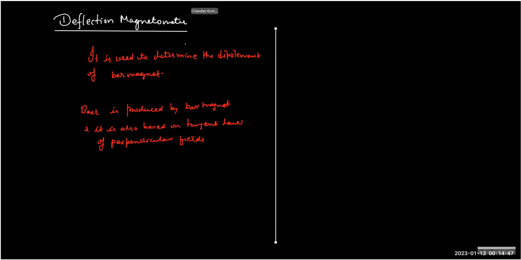Okay, first of all, let me show you the device itself. So we have a large scale. There is a round case, and this case is actually supposed to keep the compass in horizontal position. So let me show you in short how it looks like. So we have a compass, and it is having inbuilt scale attached to the side arms.